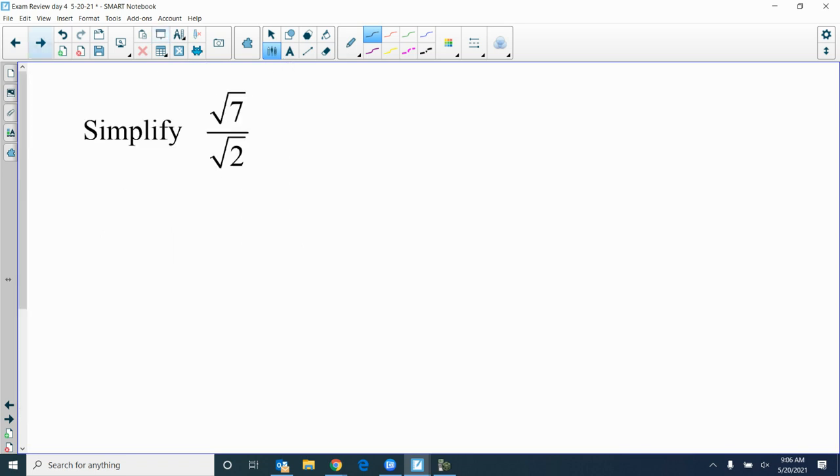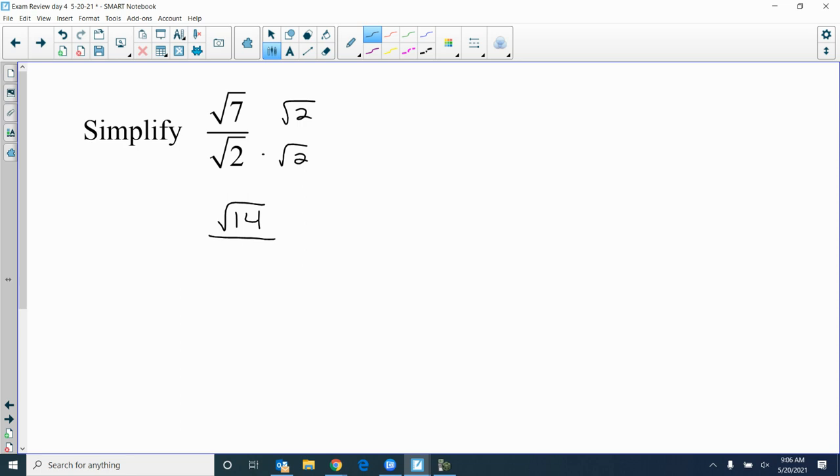Now this last one here, simplify. You're not allowed to have a radical in the denominator. So for this one, you just multiply the top and the bottom by square root of 2. When you do that, 7 times 2 is square root of 14.